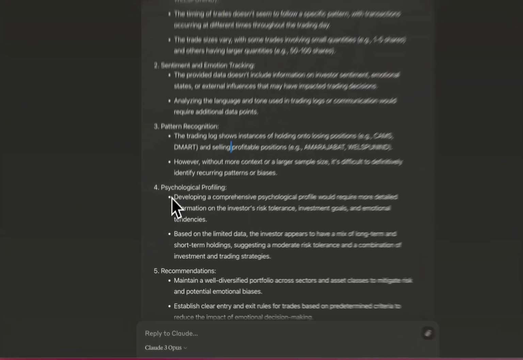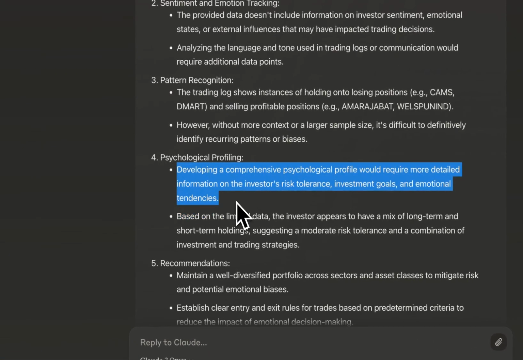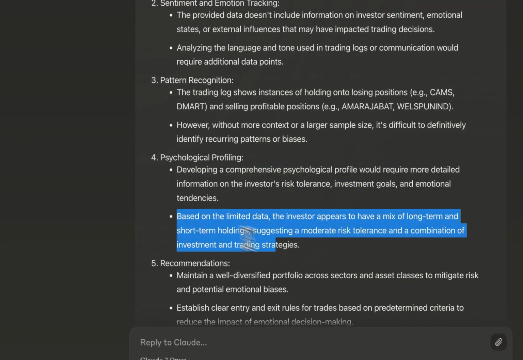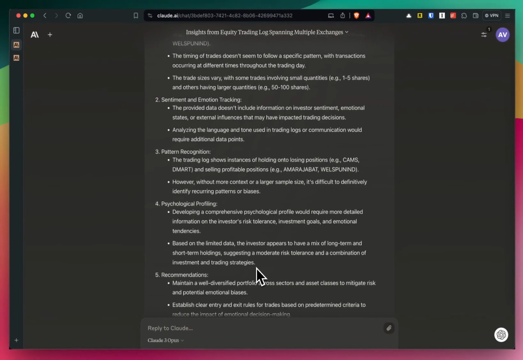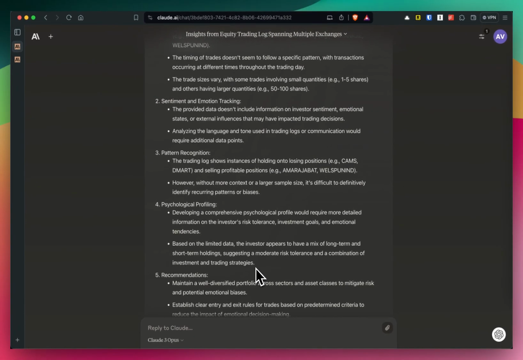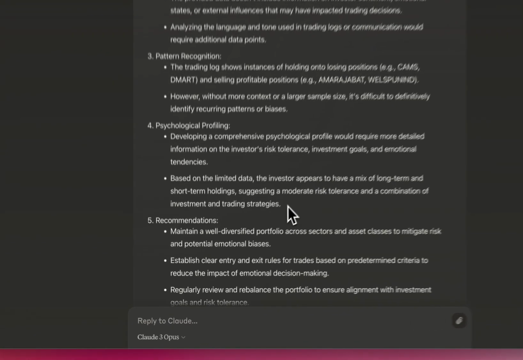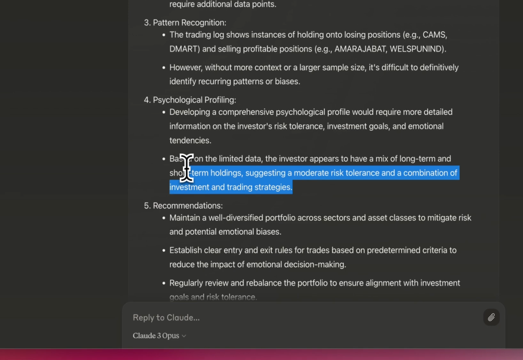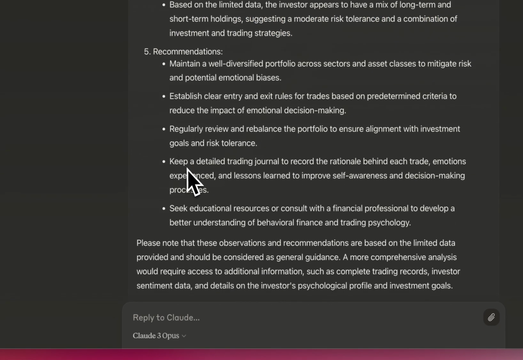There's no psychological profiling. However, it's giving me a very right interpretation that the investor appears to have a mix of long-term and short-term holdings, suggesting a moderate risk tolerance and a combination of investment and trading strategies, which is very right. That's what I have literally done in this portfolio, and it has given me some recommendations.